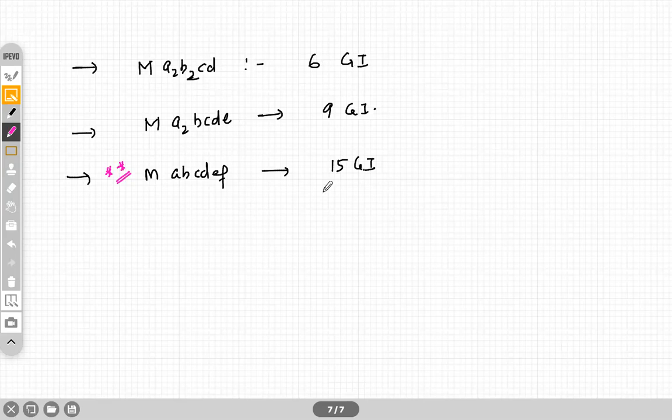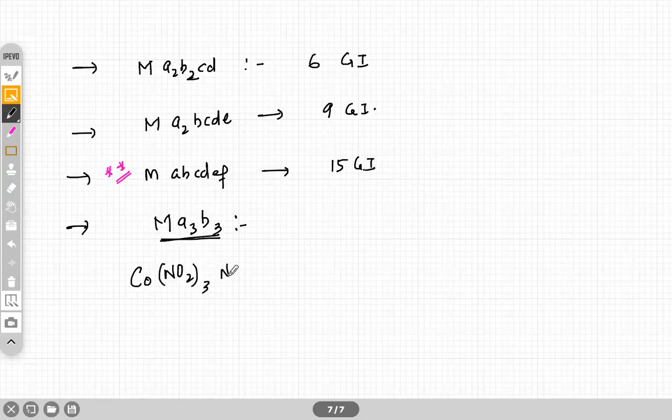Okay. One important example here, the last one, is this. We have MA3B3 type, and this one they have asked many times in the JEE exam. For example, we have Co(NO2)3(NH3)3.